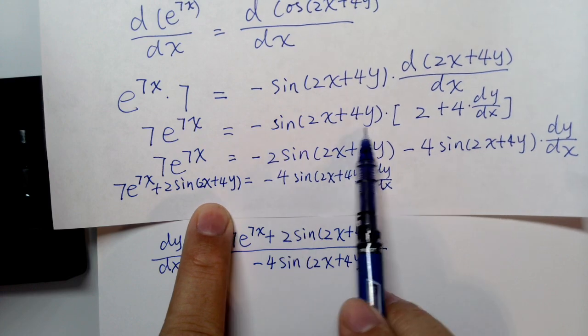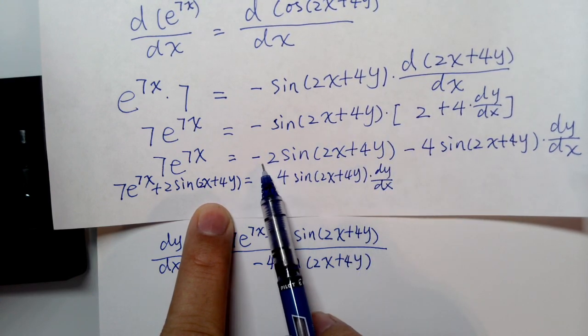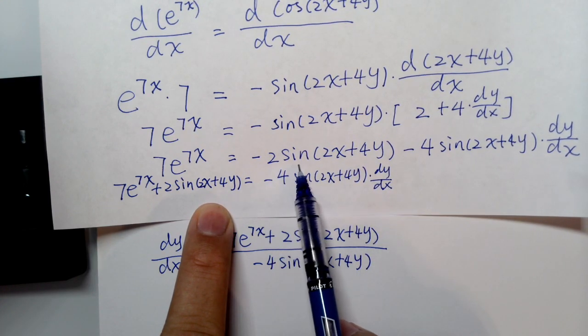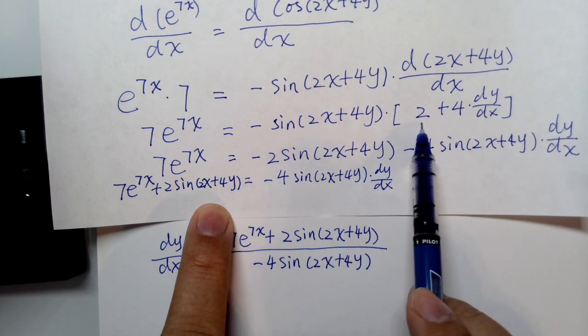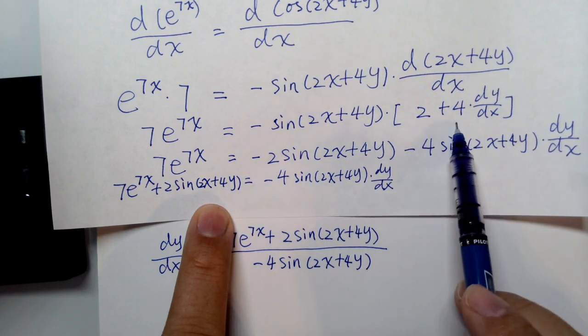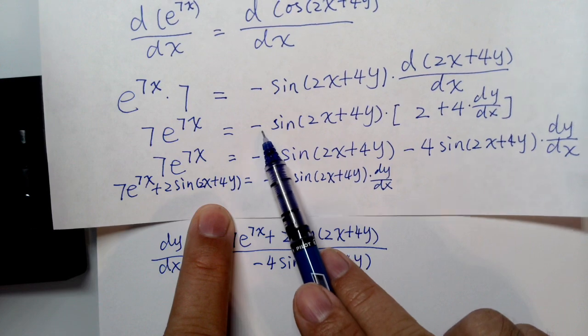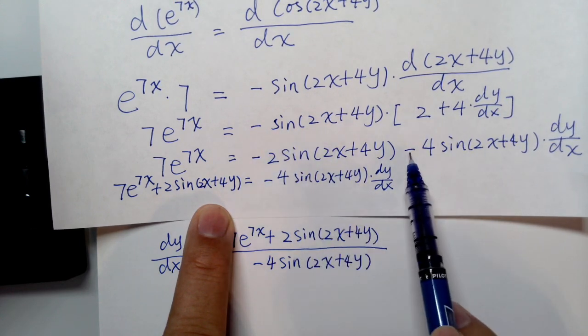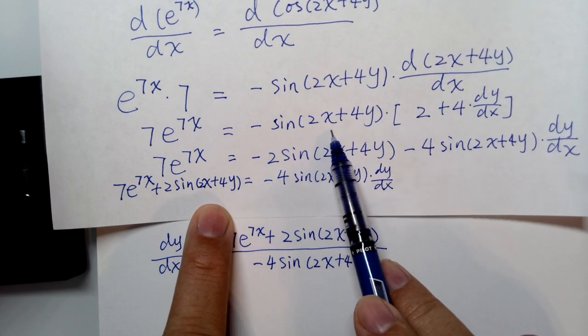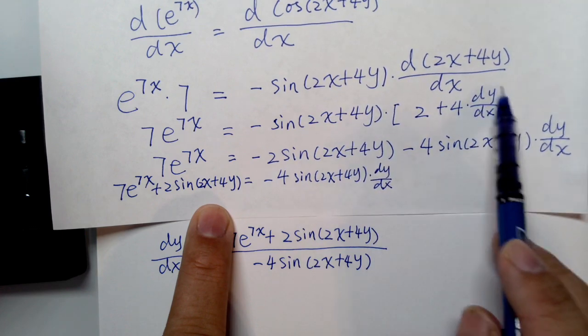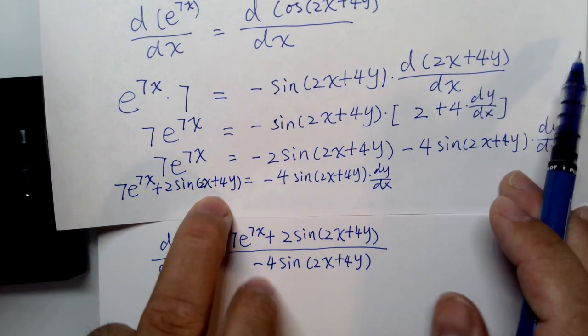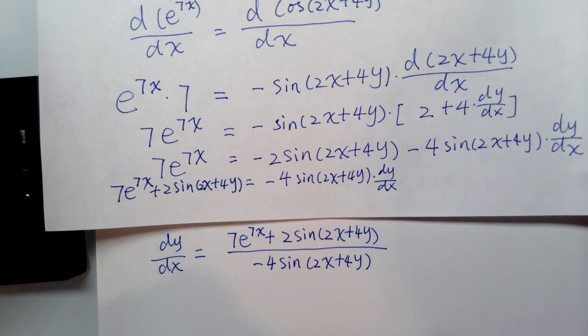Oh, I just distributed. So negative sine of this multiplied by 2 gives us negative 2 times sine of 2x plus 4y. And then you have a 4 here. You also have a negative here. So that gives you a negative 4 sine of 2x plus 4y and then dy/dx. It's just a distribution. You just multiply the sine of 2x plus 4y by 2 and by 4, and that's it.